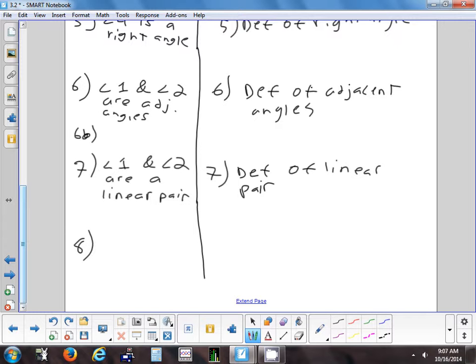Step 8: if angles form a linear pair, then they're supplementary. Angle 1 and angle 2 are supplementary by the definition of a linear pair.